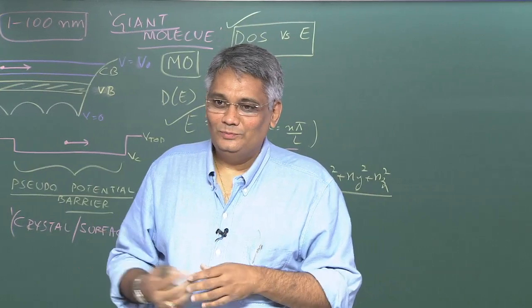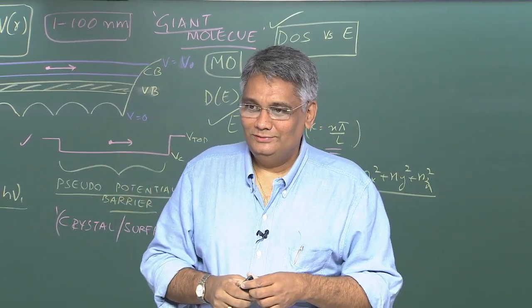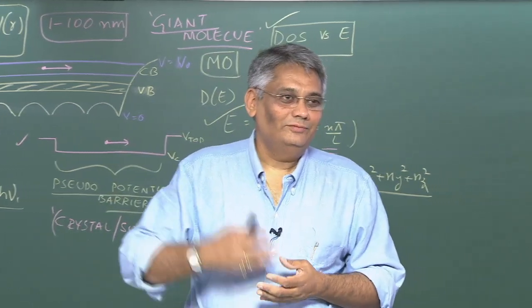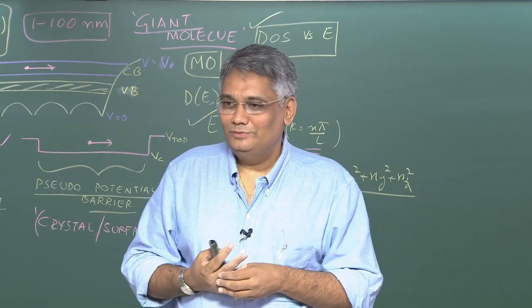But in the case of electrons, we can do it very easily because we have the Fermi-Dirac distribution function. Also, when electrons start filling these levels, they fill in a very orderly manner. They won't violate Pauli's exclusion principle.